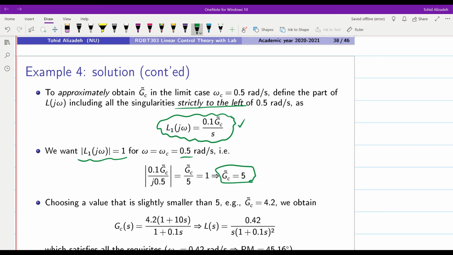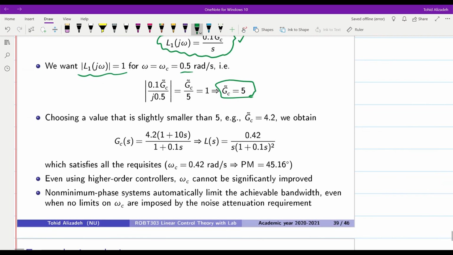This approach gives us an approximate value for GC tilde because we are neglecting the components which happen at frequencies higher than 0.5 radian per second, as we assume they have 0 decibel amplitude until that frequency.